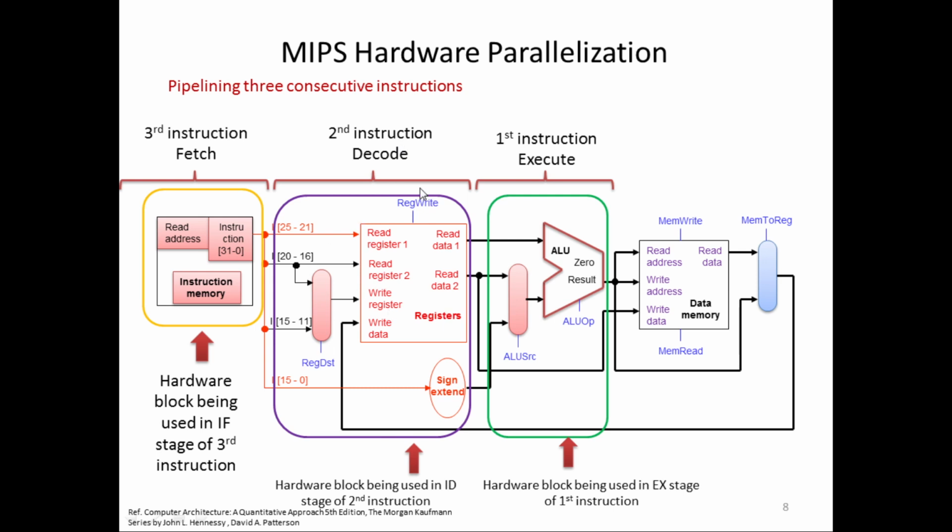So instruction decode is now for the second instruction, execute is happening for the first instruction, and instruction fetch is happening for the third instruction. Three things are happening in parallel, marked in yellow for the third instruction, blue for the second instruction, and green for the first instruction. That's how we have three consecutive instructions being pipelined here. Similarly, you can keep pipelining the fourth, fifth, and so on, different types of instructions.